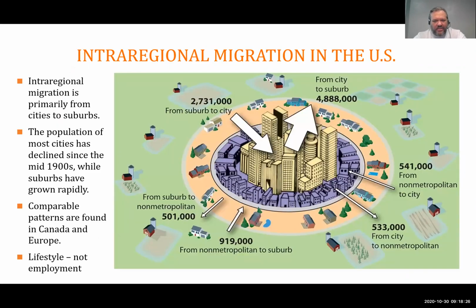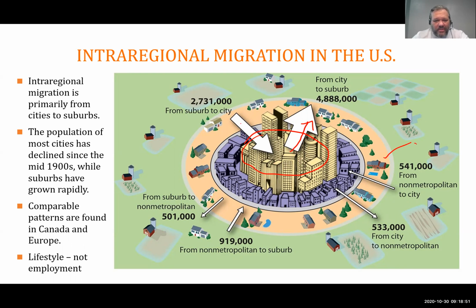And there's another example. Some intra-regional migration. Remember, intra means within a region. And so this would be an example of it. So let's take this as a city. So it used to be that people would predominantly live in the city, but it started to happen that people started moving from the city into the suburbs. And so that would be this flow out.